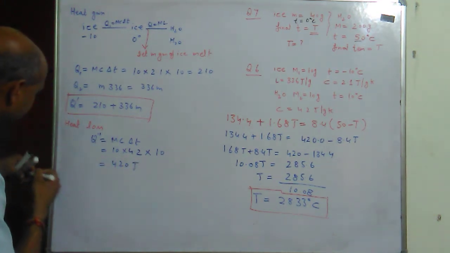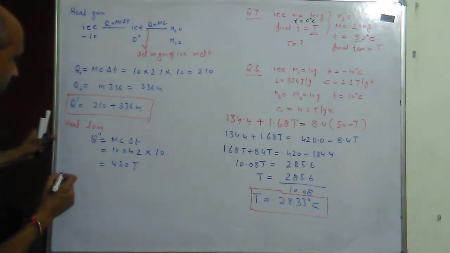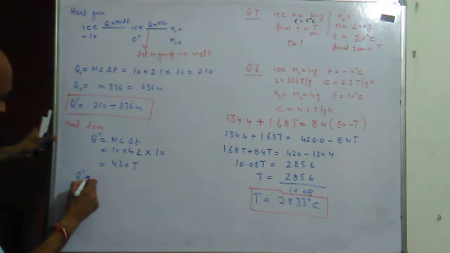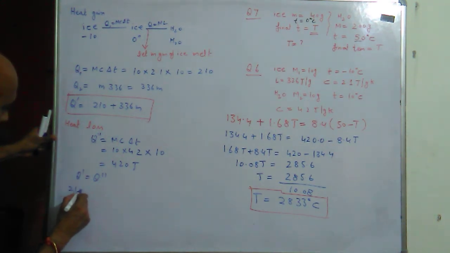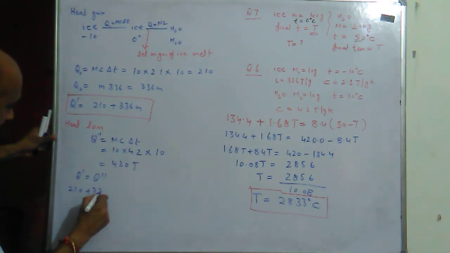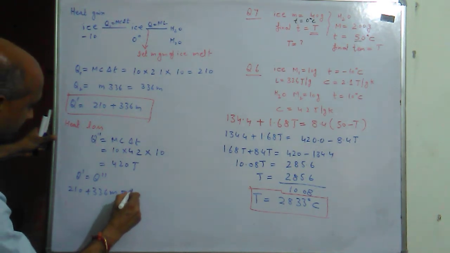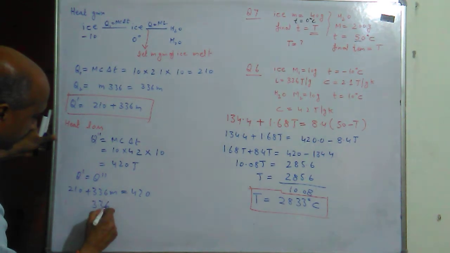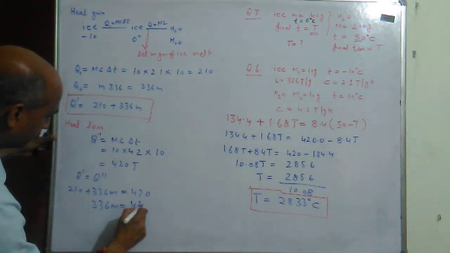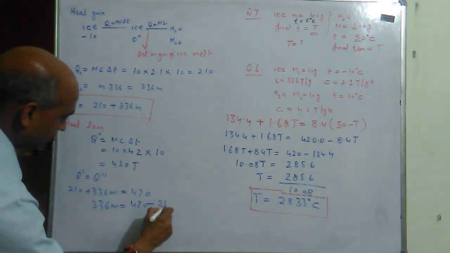Now by the principle of calorimetry, heat gain equals heat loss. So Q dash equals Q double dash. Solving this: 210 plus 336 m equals to 420. Shifting this here, 336 m equals to 420 minus 210.